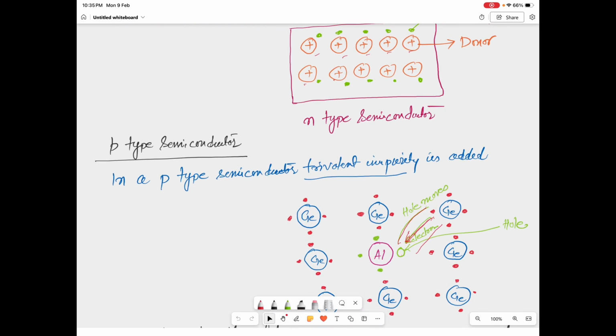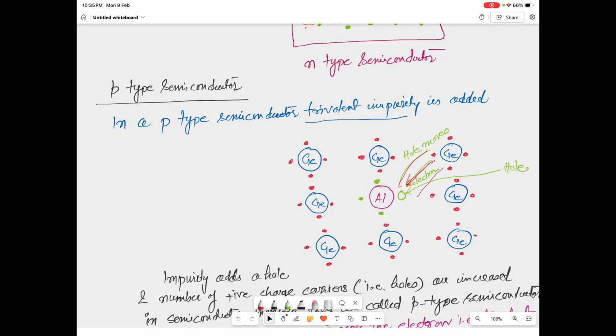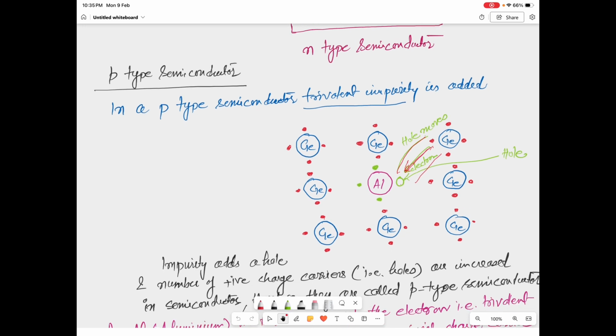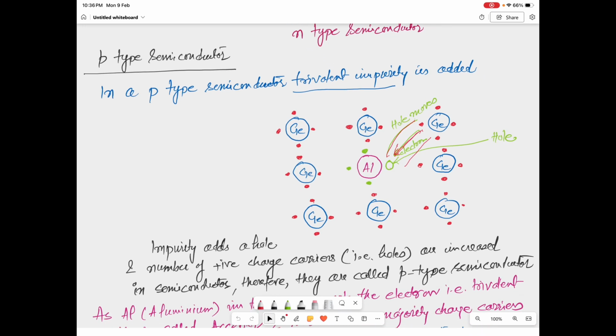I will come to the P-type semiconductor. It comes with a trivalent impurity. Here I have replaced one of the germanium atoms with aluminium, which has three electrons in its outermost orbit, and there is a hole.